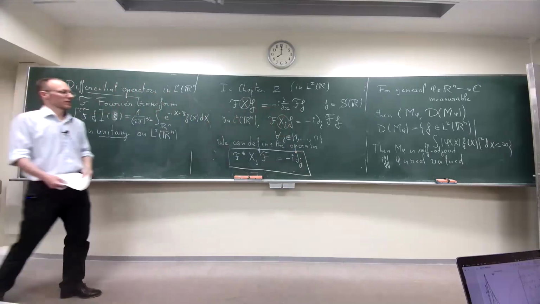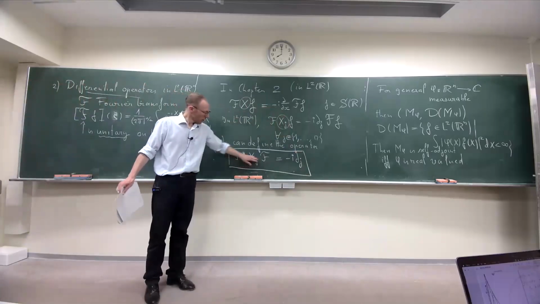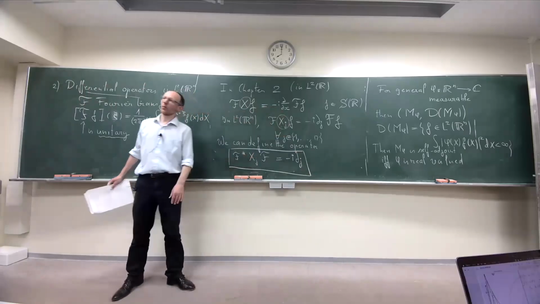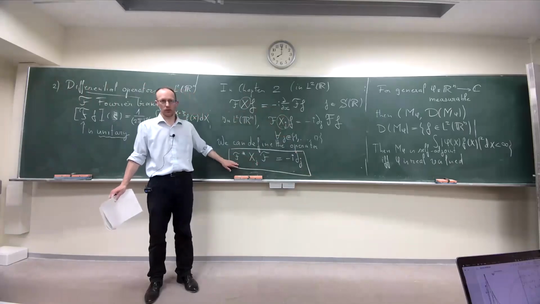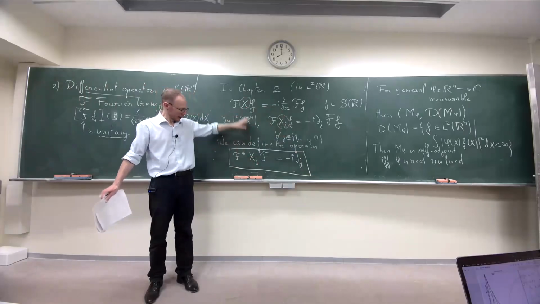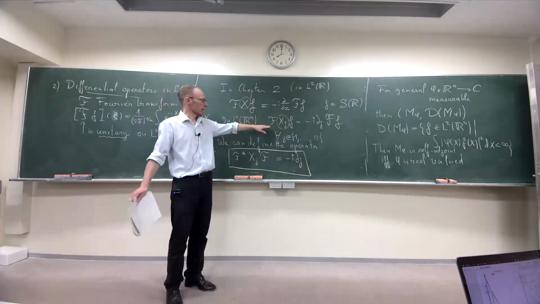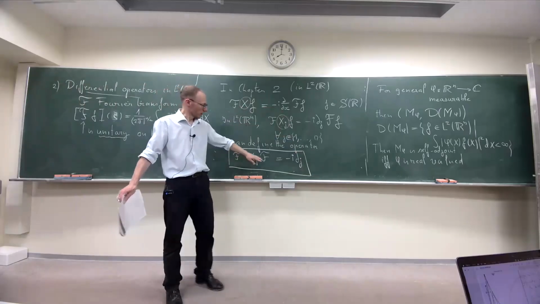Think about it. What I'm saying is, we have an operator, and what I do is sandwich it with the Fourier transform. So first apply the Fourier transform, then xj, and then the inverse of the Fourier transform. If you look at this, you can check. How do you check it? You need to play with the Fourier transform adjoint.